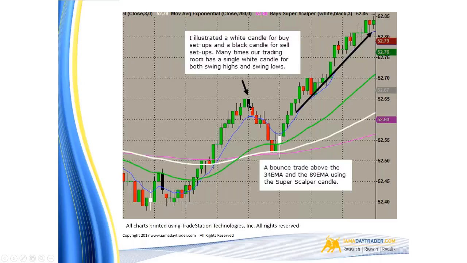That black candle is created in my illustration here. But in our chart, you're going to see a white candle on both sides. So again, prices are beginning to move. You have to have a close below the prior bar and a tick underneath that low.